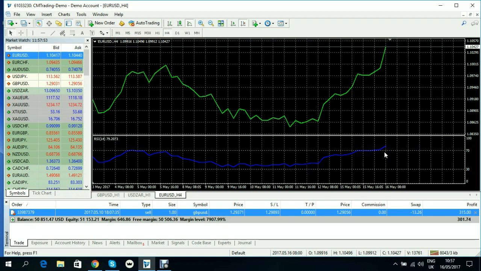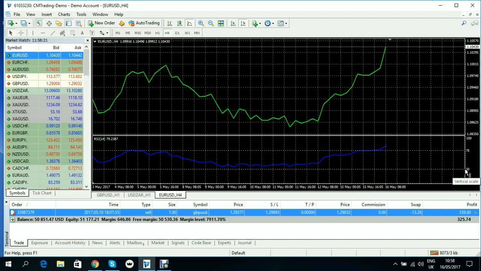But before then, the primary usage for RSI is to determine whether the price of a particular currency pair, commodity, index, or security is oversold.